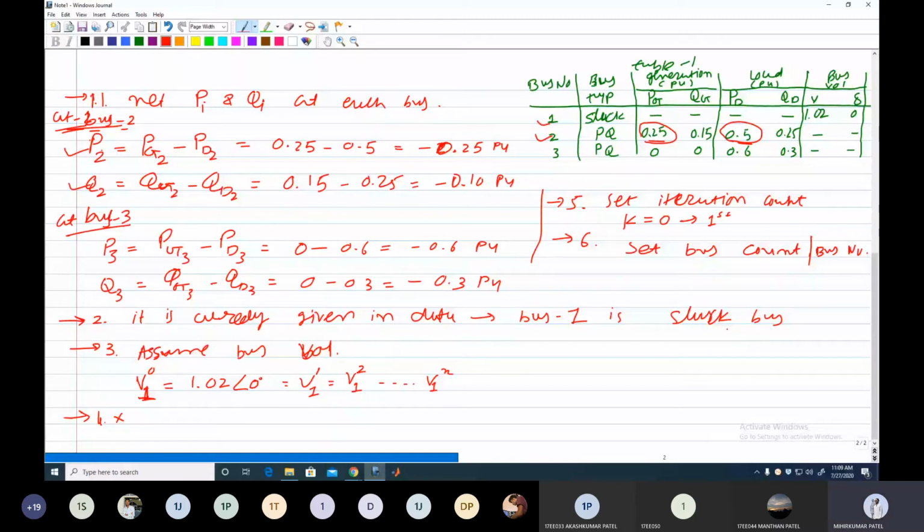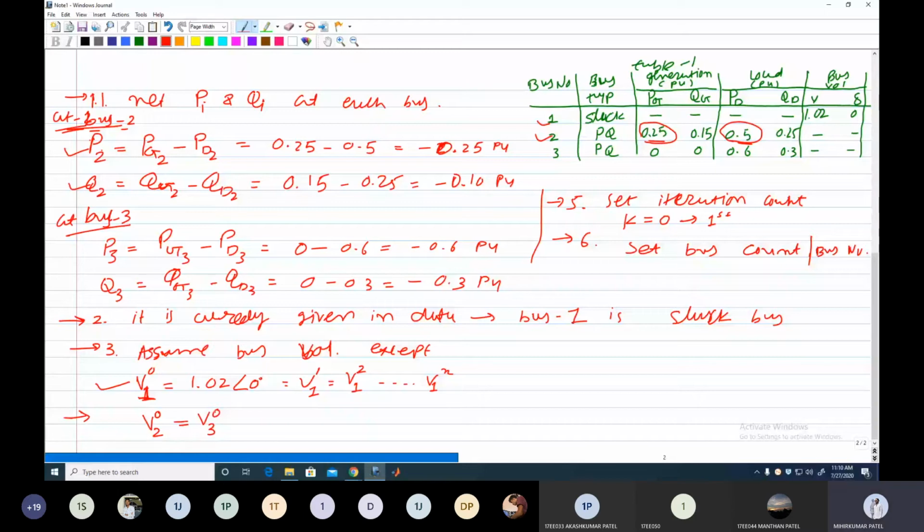Just recall step number 3. Here we have missed something in step number 3. V2, V3. Yes, we have to assume the bus voltages except the slack bus, because the voltage at the slack bus is given to us. So we have to assume V2 0 and V3 0 for bus number 2 and 3.